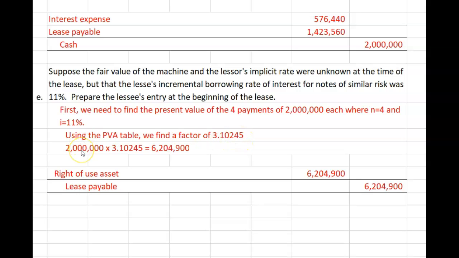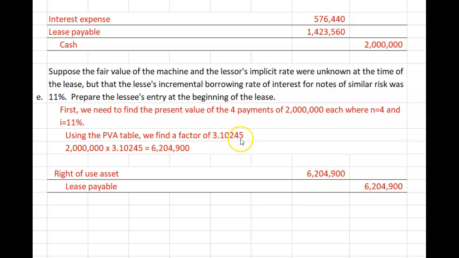We multiply one payment of $2 million times that factor, and we have a present value of the equipment at $6,204,900. And here's the journal entry. Debit right of use asset, $6,204,900, and credit lease payable, $6,204,900.